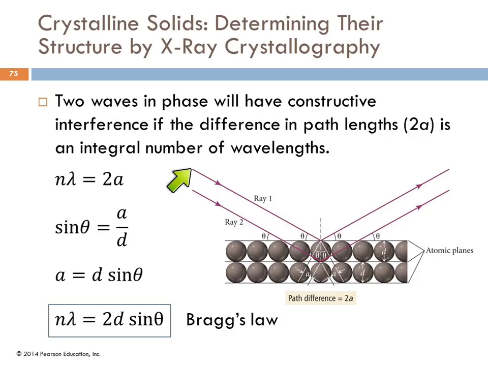What happens here is ray 1 travels this distance, ray 2 travels a larger distance because it's going into this crystalline structure, and we can find this added distance that it travels. So the path difference for these two is 2a, because it's going this much farther here, a, and this much farther there, because it's shifted over. So the path difference is 2a.